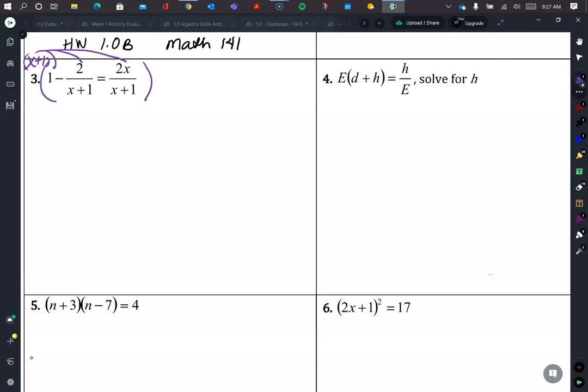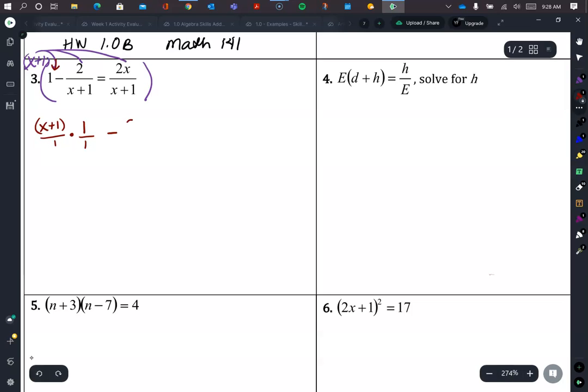So what it will look like in the next line, and you wouldn't necessarily need to write this all out, you can squeeze it in on your worksheet if you want, I would have x plus 1, and if you want to put it over 1, that's a good idea, times 1. So I'm hitting that first term, and then subtract. Don't forget to bring down your subtract, or you could make it add the negative if you like that.